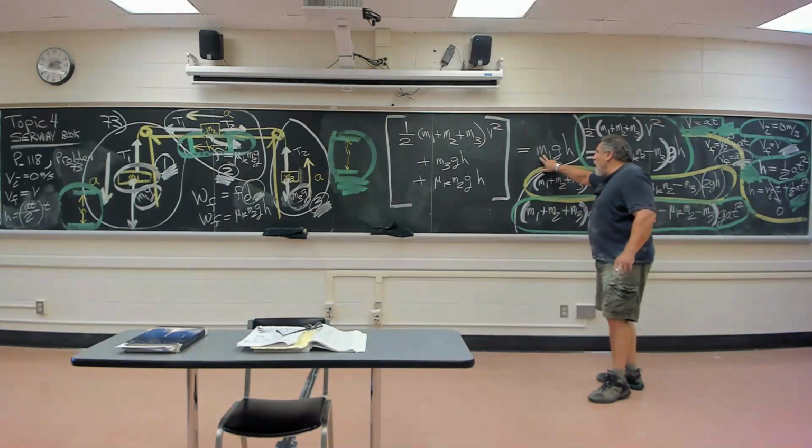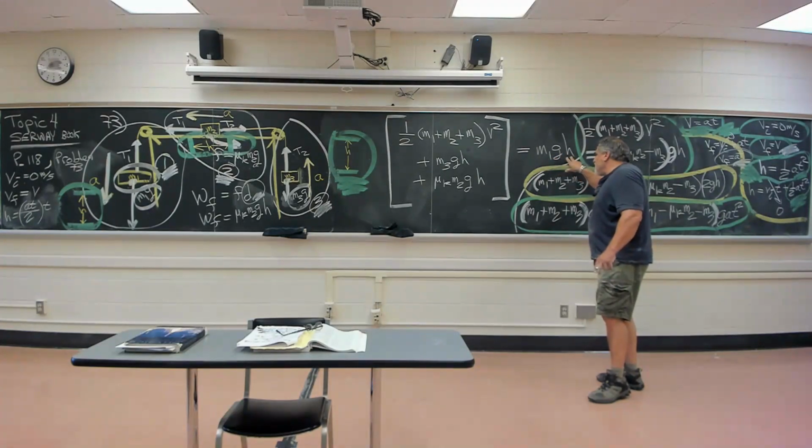That big guy, M1, has a force associated with it because it's in a gravitational field, M1g. That force, M1g, is being put through a distance h. M1g is force, h is distance. Force times distance is the work.